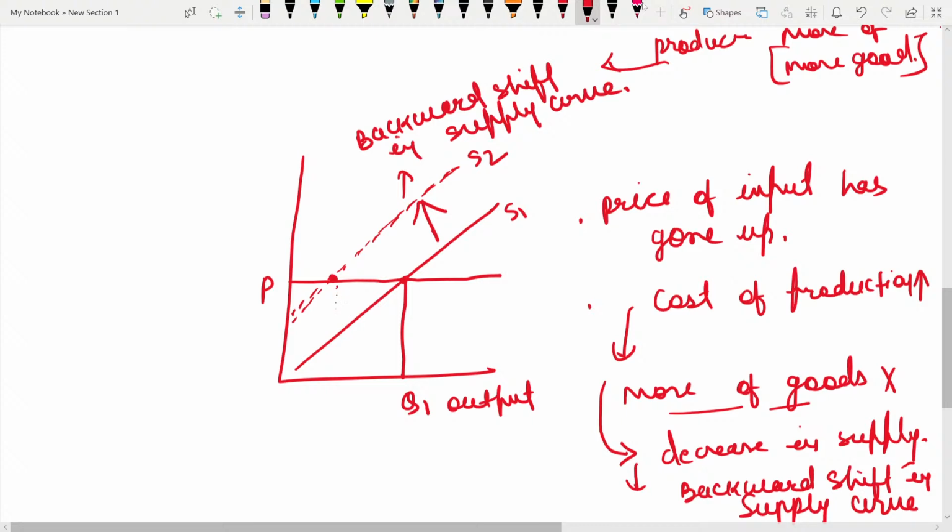So the supply basically decreases. In this case, the supply curve shifted backward, and therefore the quantity supplied got decreased.